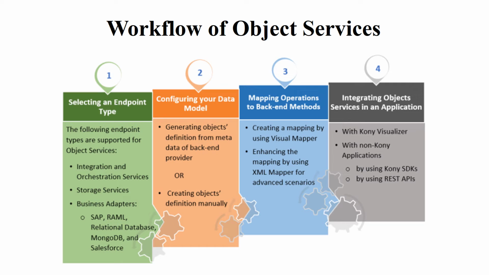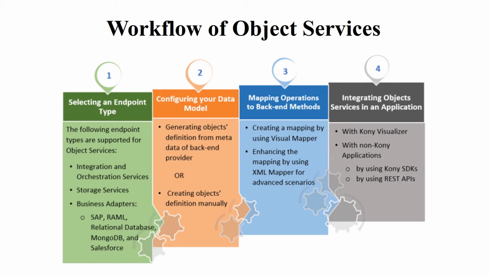So we start from the first one, selecting an endpoint type, and the following endpoint types are supported for object services: integration and orchestration services, which involves all types of integration and orchestration processes and methods. Next is storage services. If an organization provides different types of storage services for a specific function, then all those storage services come under this type.